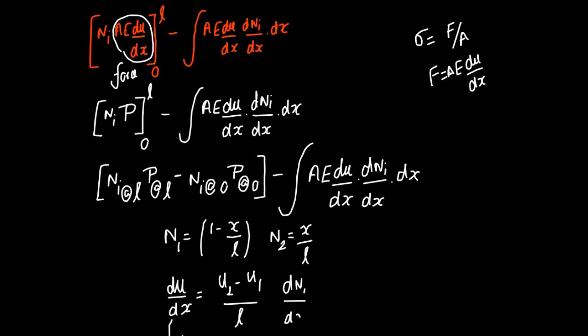Well, it is simply minus 1 over L. And what is dN2 over dx? It is simply 1 over L.